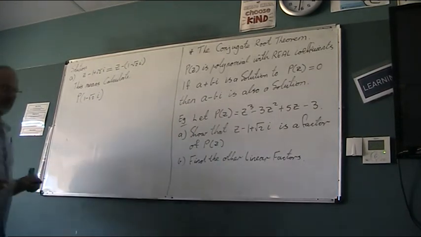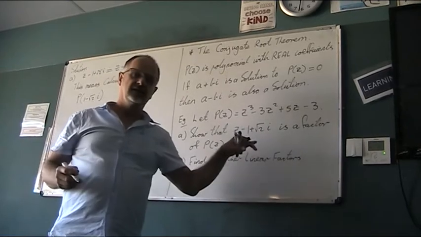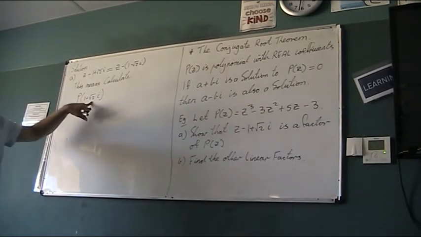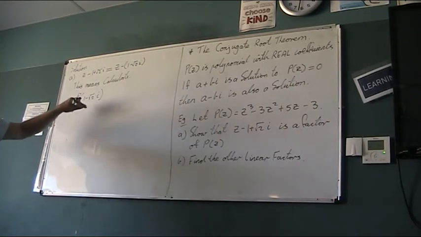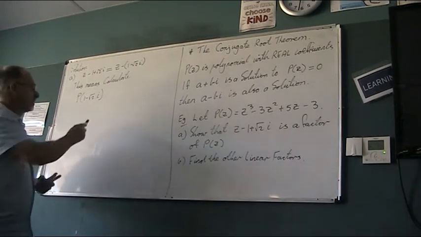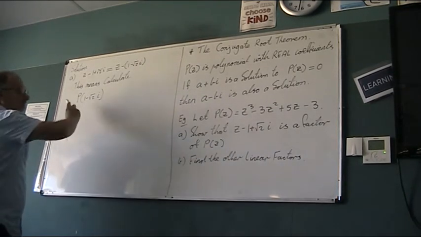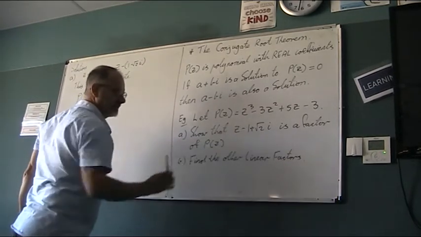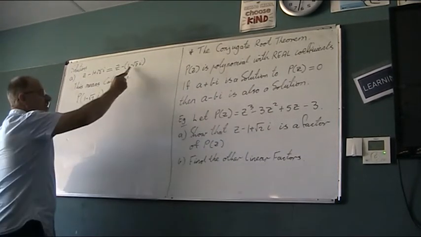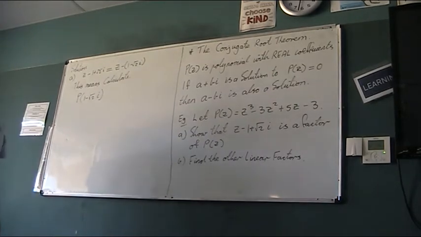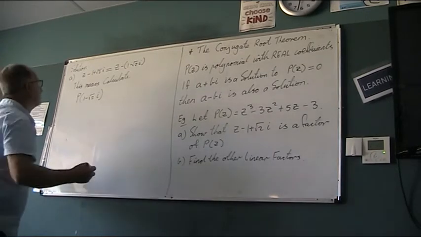Because if it is a factor, when we put this in, what should we get? We should get 0, because what I'm doing here is really just the remainder theorem, isn't it? So we're told to show that that's a factor. So if I put the 1 minus root 2i bit in there, I should get 0 as an answer.